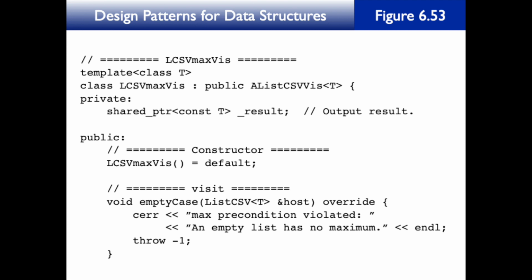The constructor doesn't have to initialize anything because no parameters are being passed to the higher level max viz. And as we had before, in the empty case, the main program is asking for the maximum of a list that is empty, and an empty list has no maximum, so we implement the precondition as usual there.